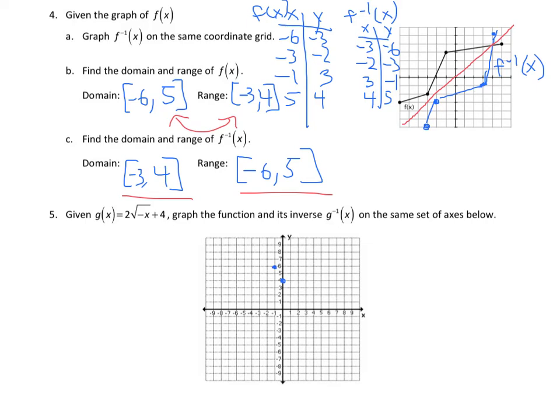And my next point, instead of going left 4 up 2, I double the y and go left 4 up 4. And then my last point, I would be left 9 up 3, but I double that y part and I get left 9 up 6. And there is the graph.